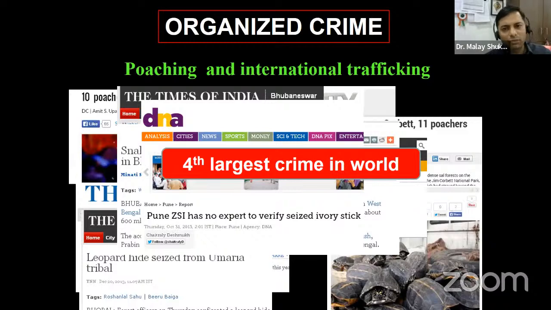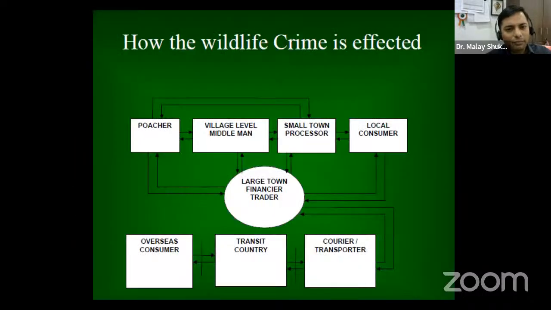You can see daily a lot of news being reported, maybe on reptiles or mammals or any kind of poaching. So what happens in the real-world scenario in wildlife forensics? Most of the crimes are reported during transit, that is, when the wildlife article is being smuggled from one place to another, may it be in a train or in the open market.